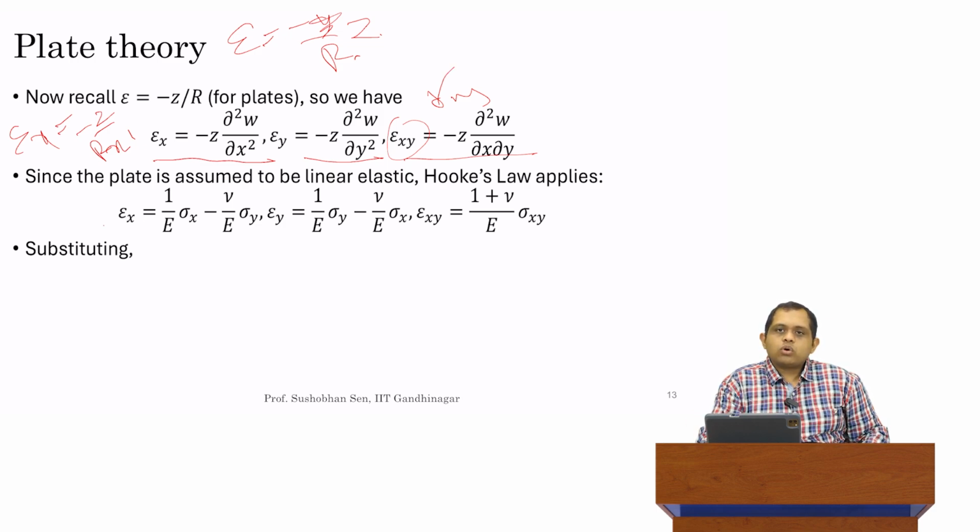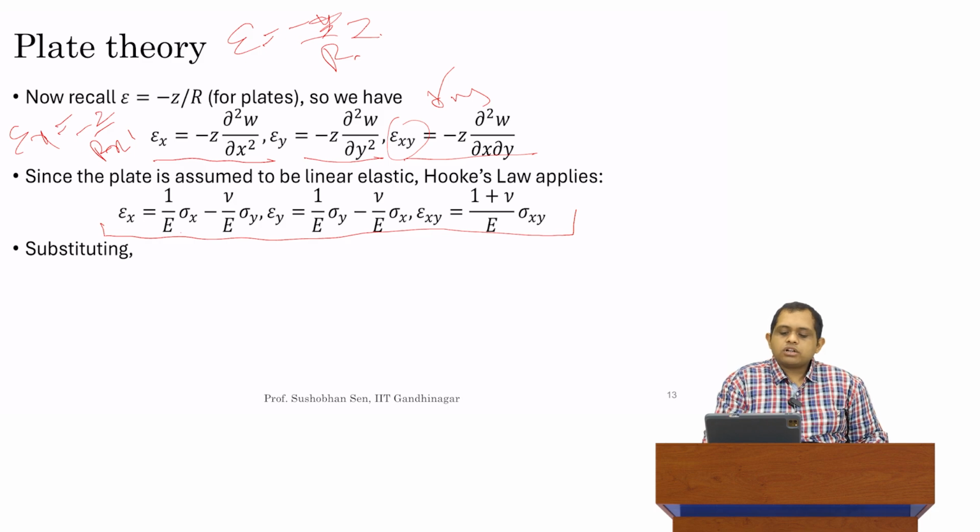Now, recall that one of our basic assumptions was that our material follows Hooke's law. So it's linear elastic, homogeneous, isotropic. In that case, the relationship between stress and strain, which is Hooke's law, is what I've written over here: epsilon x has some contribution from sigma x, and it also has some contribution from sigma y, and that contribution depends on the Poisson ratio.